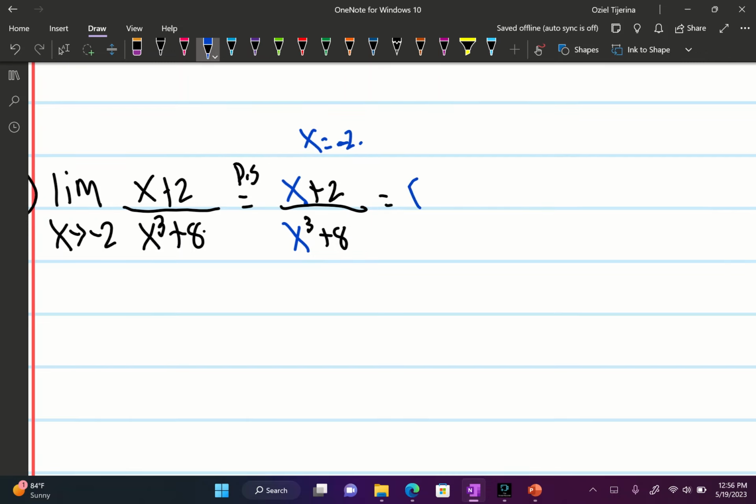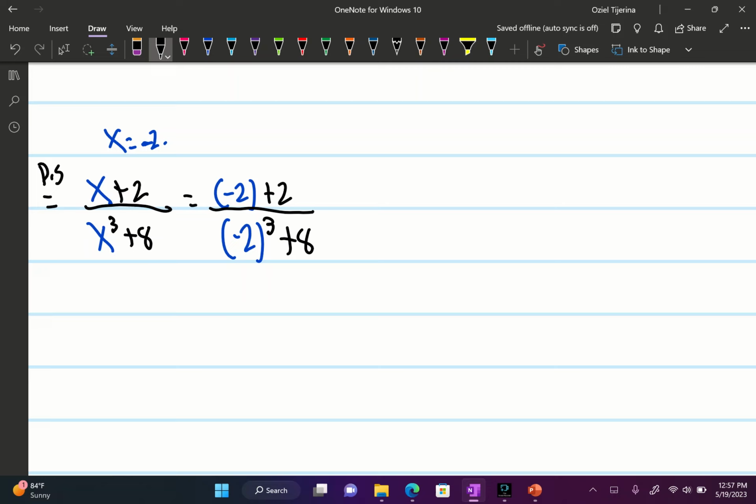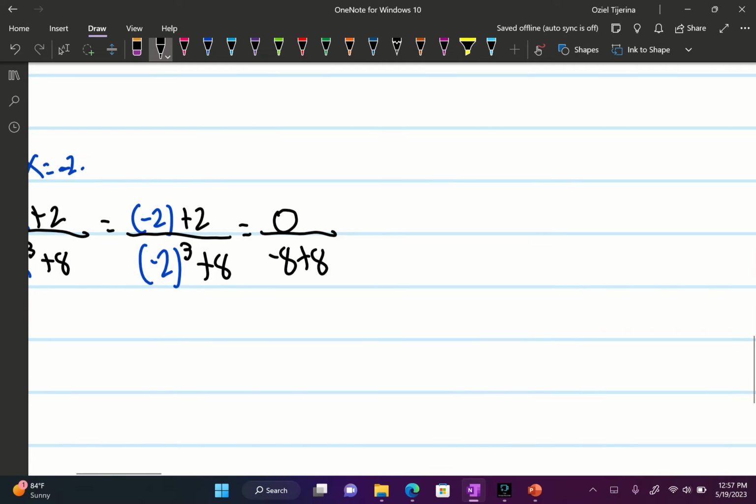Now, when I do that, I get negative 2 plus 2 over the quantity negative 2 cubed plus 8. And then what happens when I do it on top? So negative 2 plus 2 is obviously 0, and negative 2 cubed is negative 8 plus 8. So then this gives me 0 over 0, which means, oh no, right?